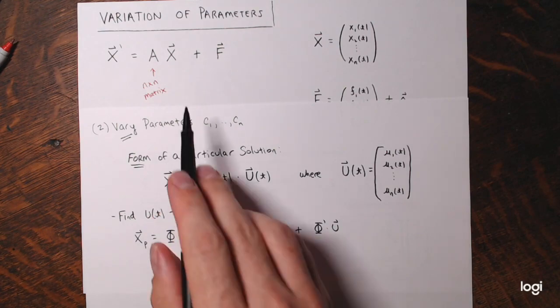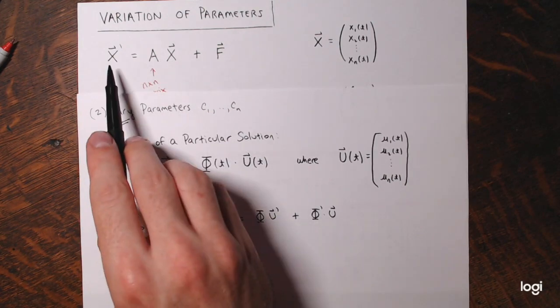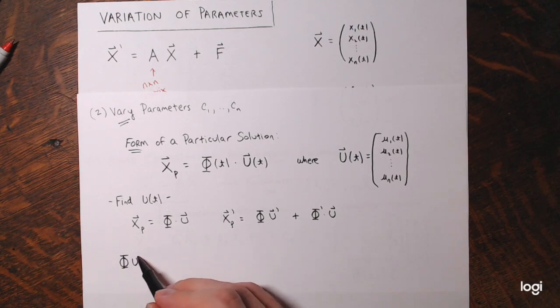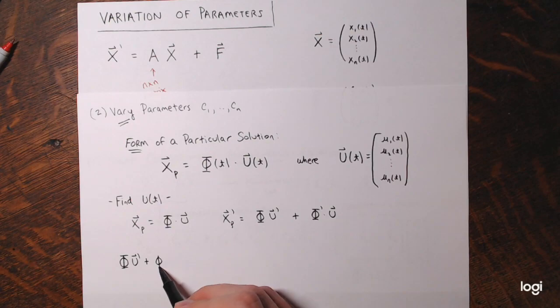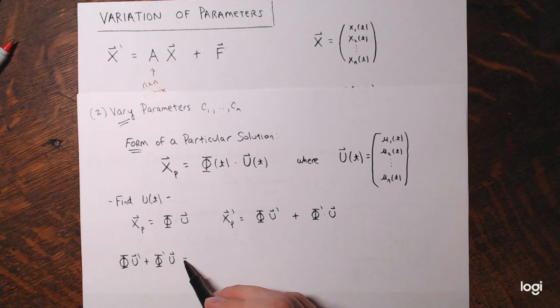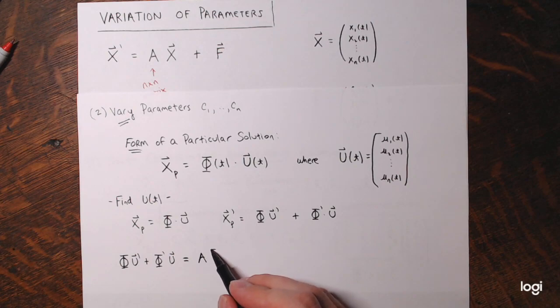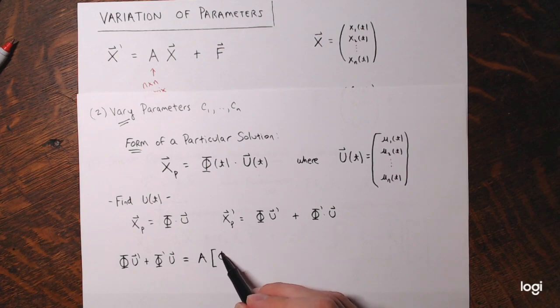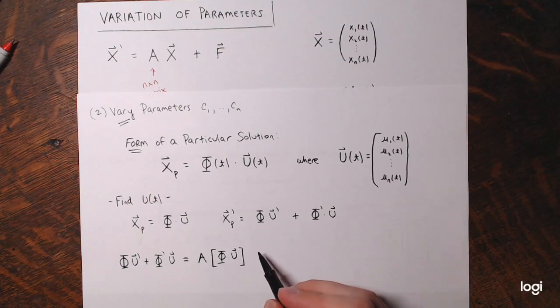Now I substitute these into my non-homogeneous equation, and we get phi times u prime plus phi prime times u equals A times x. Well, the x p here is just phi times u, and then plus f.